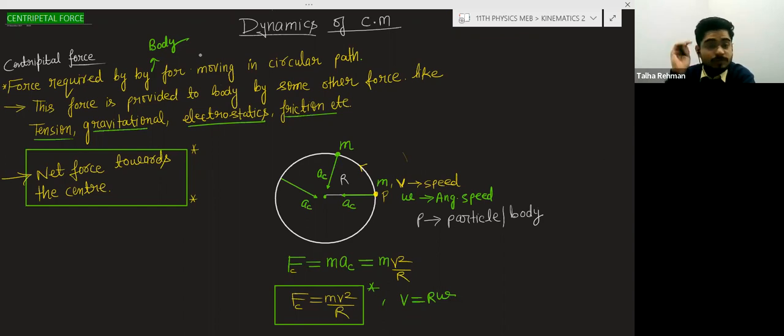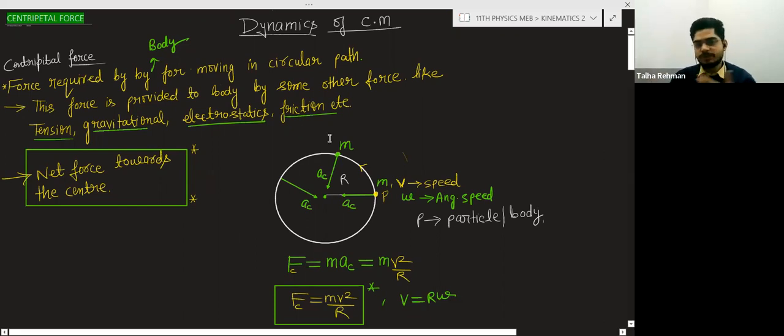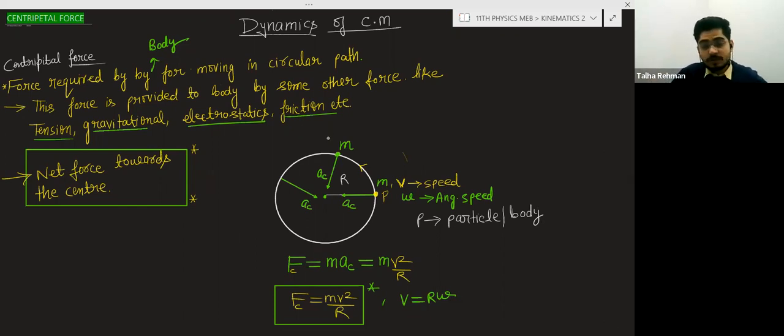So actually, net force towards the center. If you want to find the direction of the centripetal force, the centripetal force is always towards the center, because I have told you it is the net force towards the center. So if you want to write the direction, you can say always towards center.